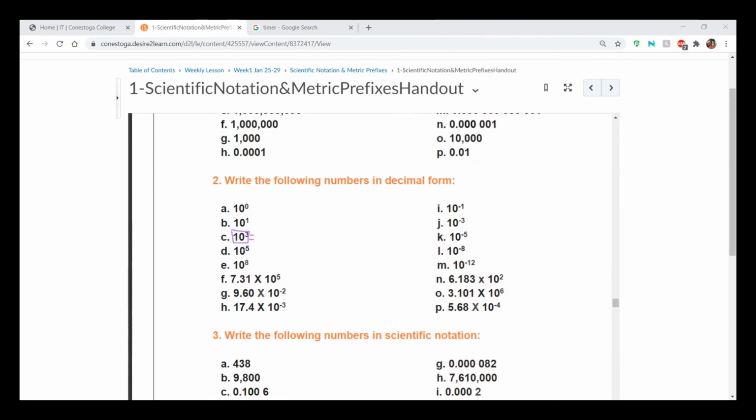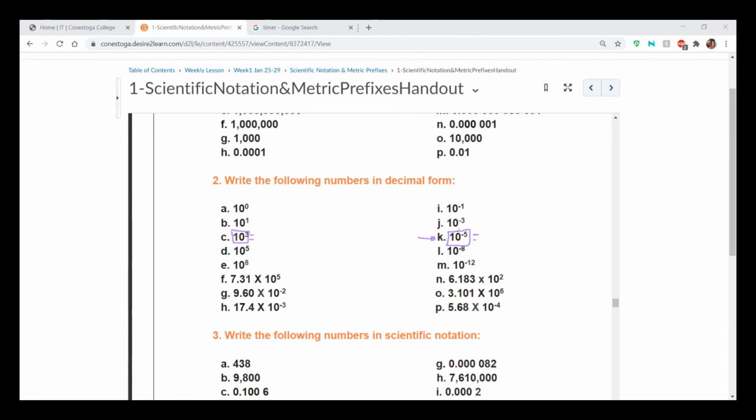Perfect. It is 1,000. Because you already know this, if we have 10 to the minus 5, like in exercise K, then how many zeros do we have? We have 0 point what? 0.00001. Absolutely right.